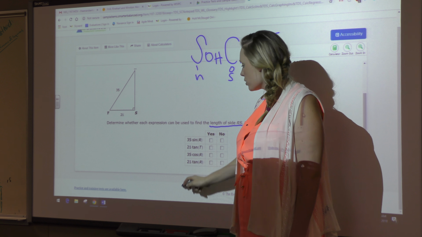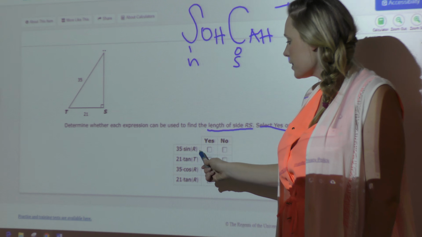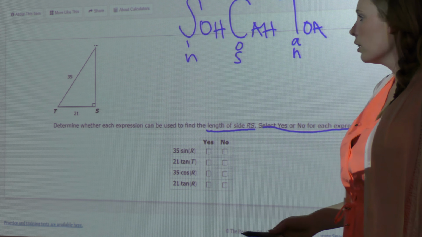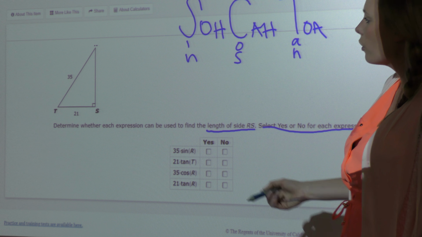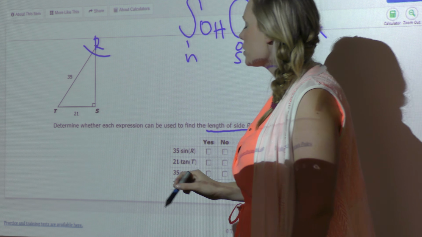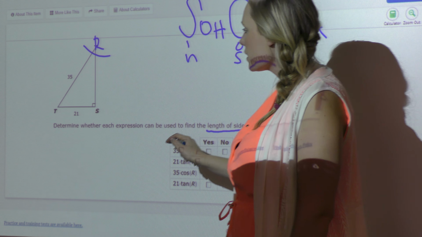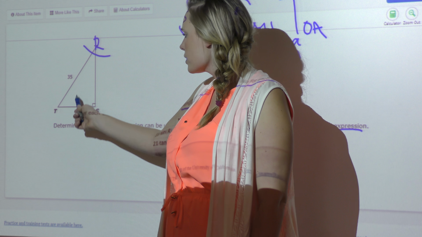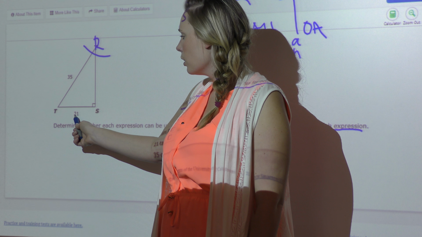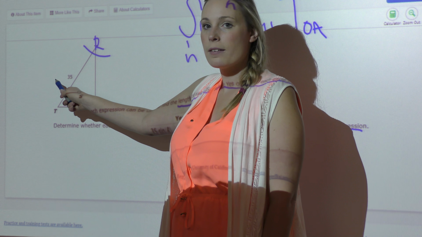Well, let's start checking these. This is going to be sine of angle R, which means I need to focus on angle R, and this one right here was R. So this is the angle I'm focusing on. Sine talks about opposite over hypotenuse. This is opposite of my angle. My hypotenuse is always the one that the right triangle is pointing at.